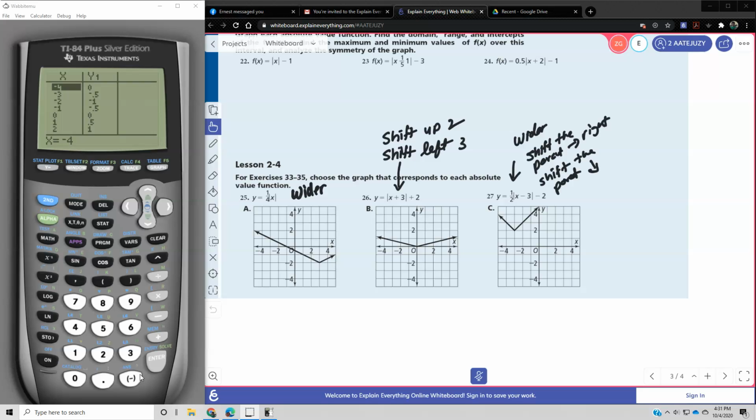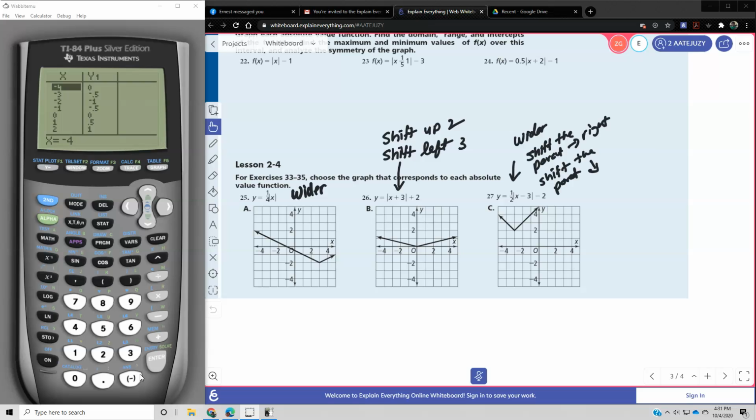So you can tell that 25 is going to pair up with B, 26 is going to pair up with C, and 27 is going to pair up with A. It's graph A. And the way you check that is by actually graphing in the graphing calculator. I'm going to let you do that, okay?